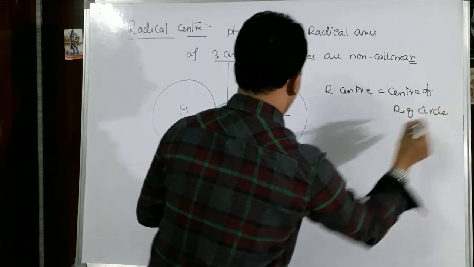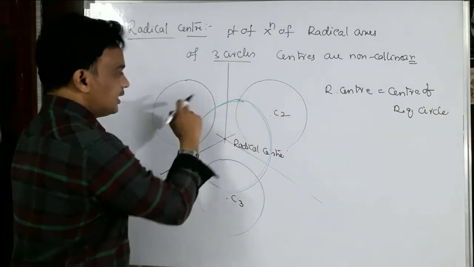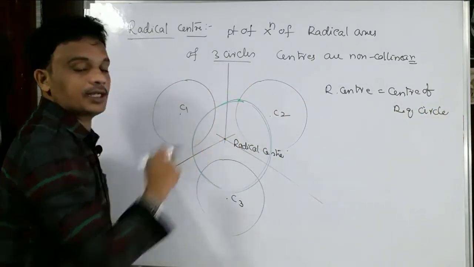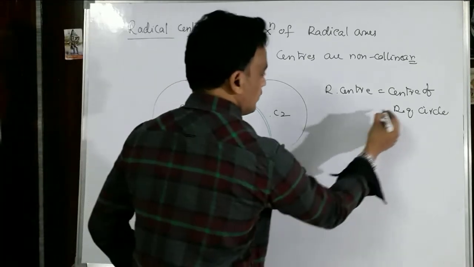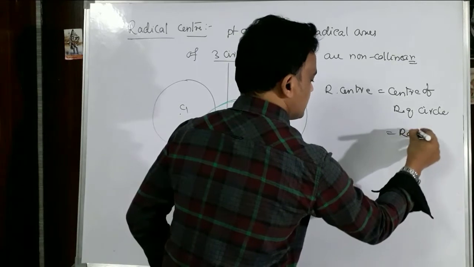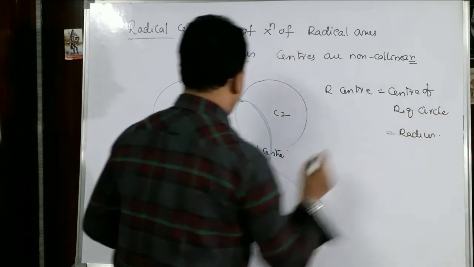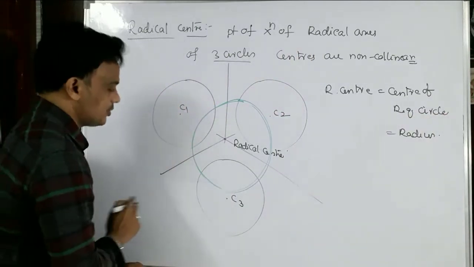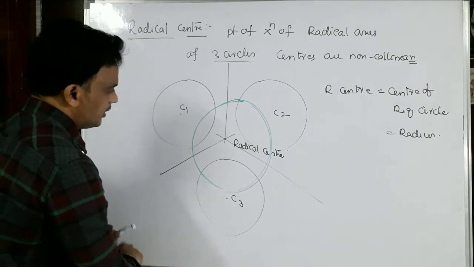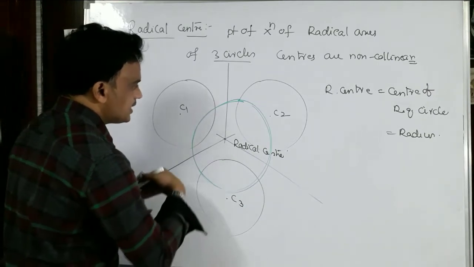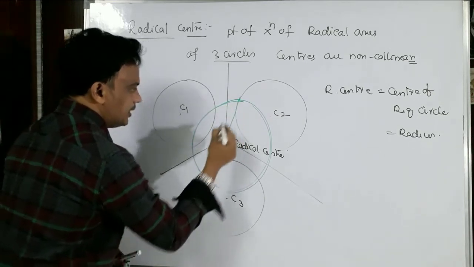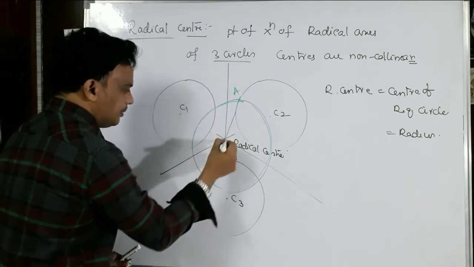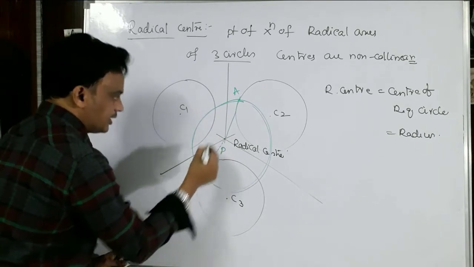So what is the required circle? It intersects the given three circles orthogonally. And what is the radius of this one? Please observe this. This is the radical center, let us take P, and PA or PB or PC, whatever it is.